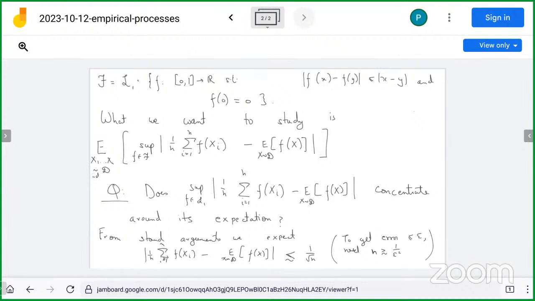In fact, this is one thing maybe I should have done earlier, but you can prove it using basically the same argument.